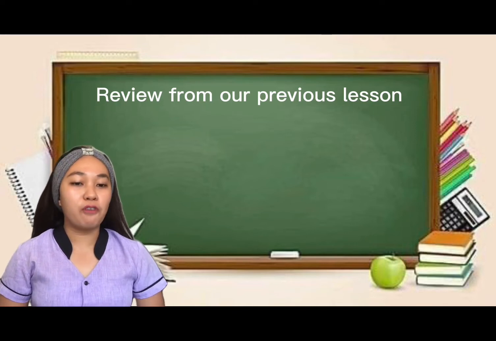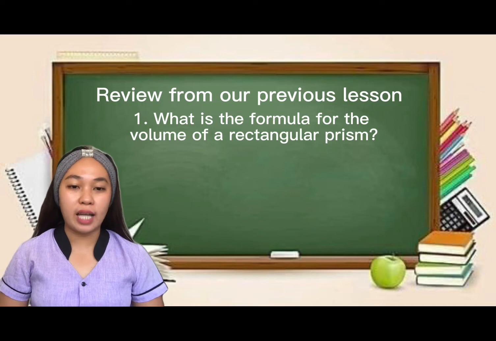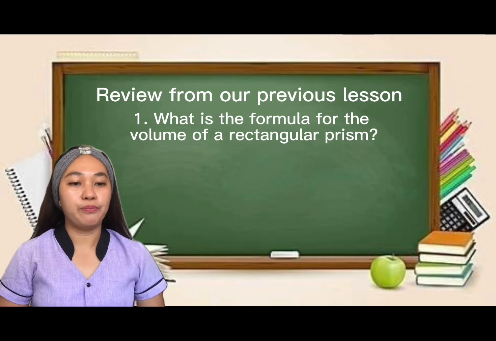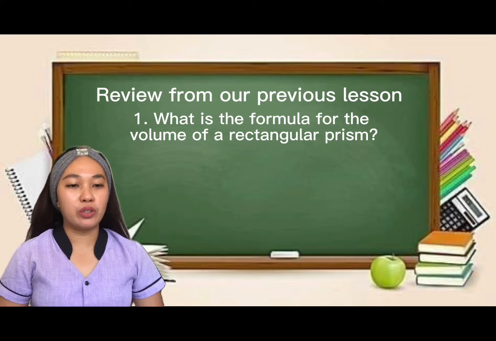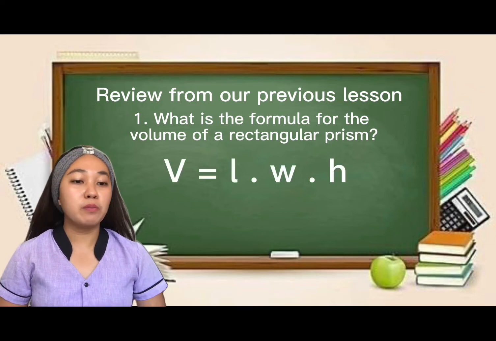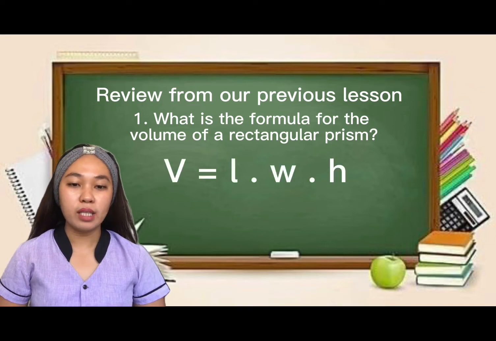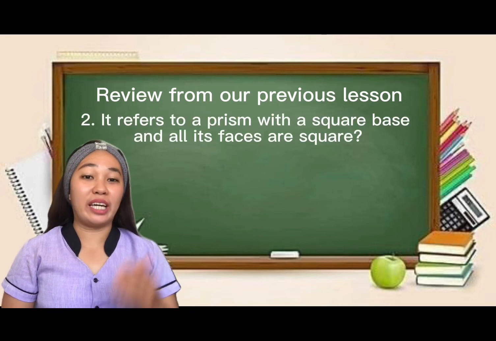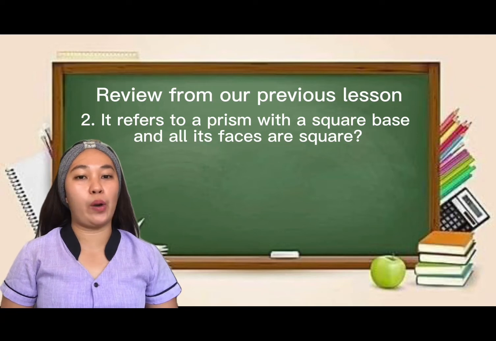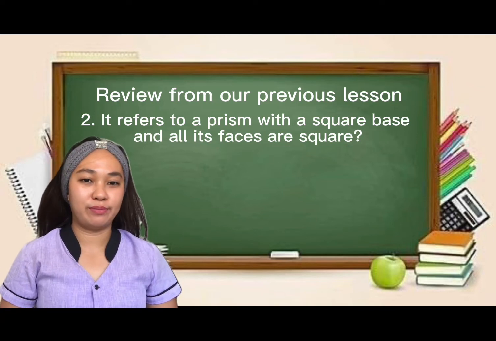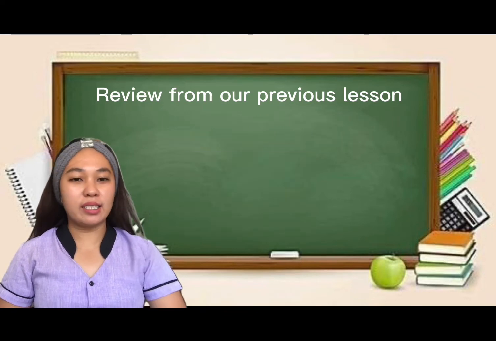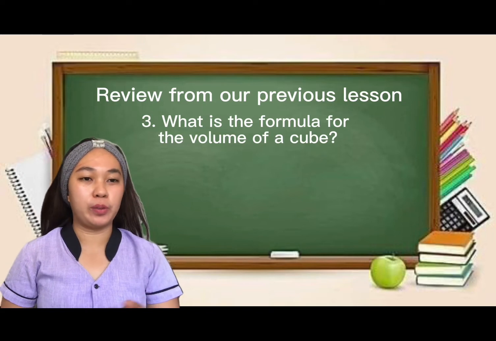What is the formula for the volume of a rectangular prism? Anyone? Yes, Ate Nicole? Okay, very good. The volume of a rectangular prism is length times width times height. How about the one that refers to a prism with a square base and all its faces are square? Yes, Kuya? Excellent! That's a cube. What is the formula for the volume of a cube?